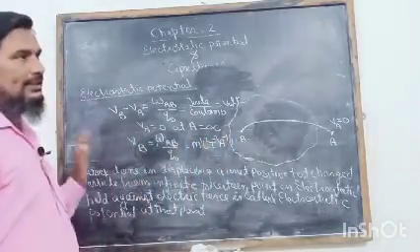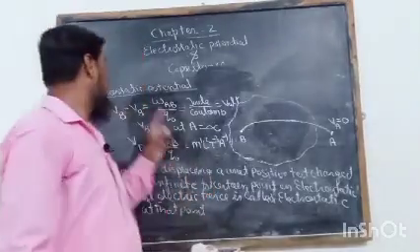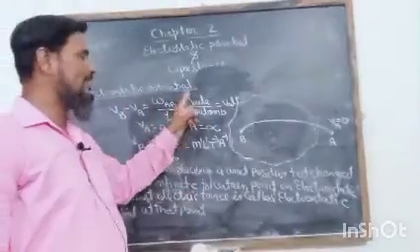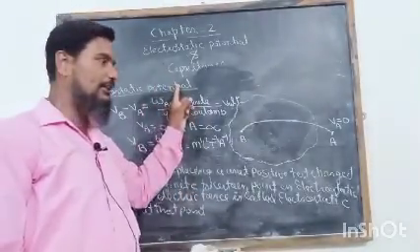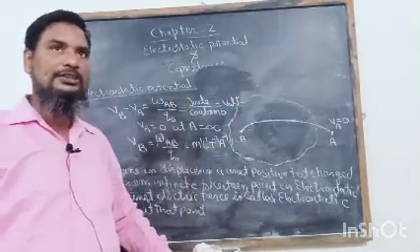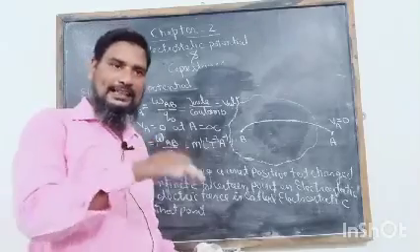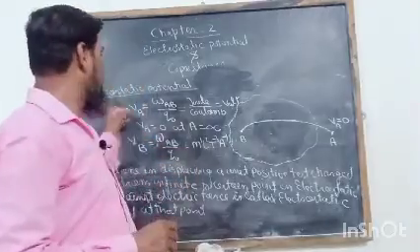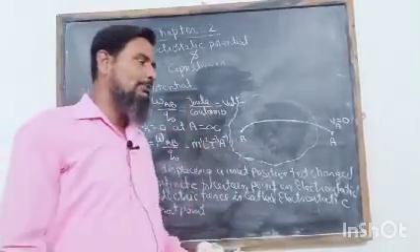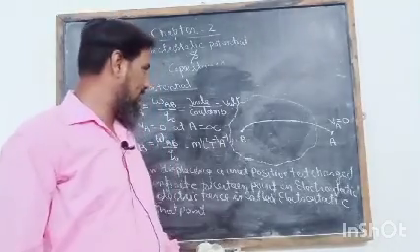So we have discussed two terms: electrostatic potential difference and electrostatic potential. For electrostatic potential difference, both points considered should be inside the electric field, and for electrostatic potential, one point must be outside the electric field.